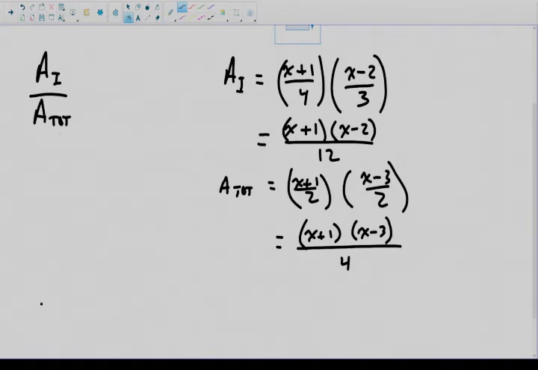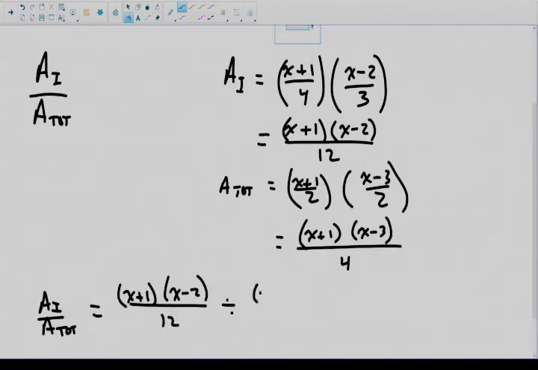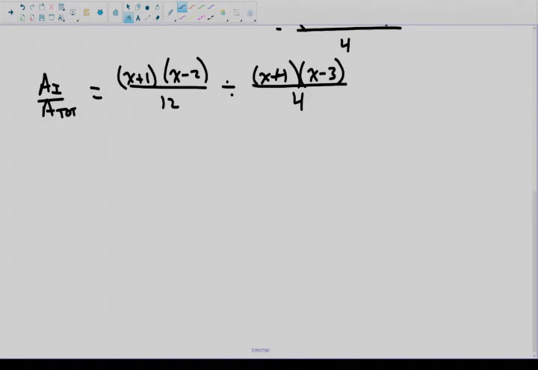So I'm actually going to write it, even though it's a fraction written this way, I'm going to write it x plus 1 times x minus 2 over 12 divided by x plus 1 again, x minus 3 over 4. And I prefer to write it that way so that you can see the multiplication of a reciprocal coming up.